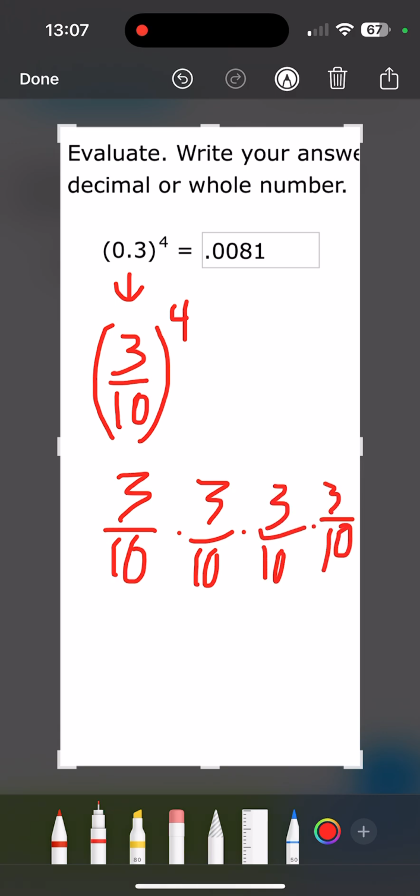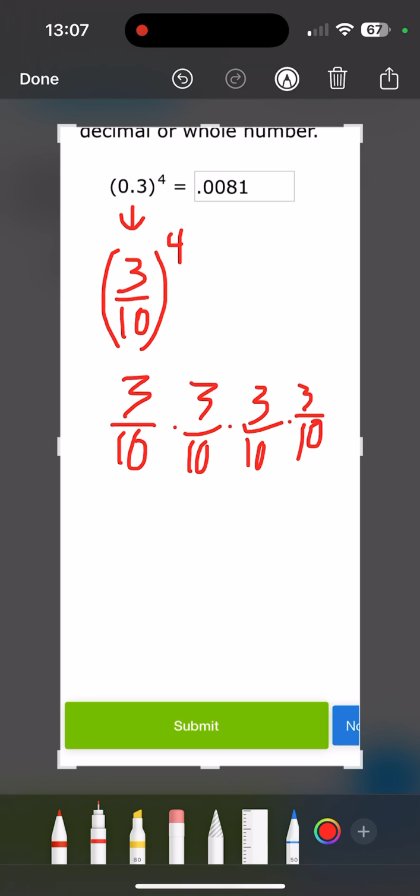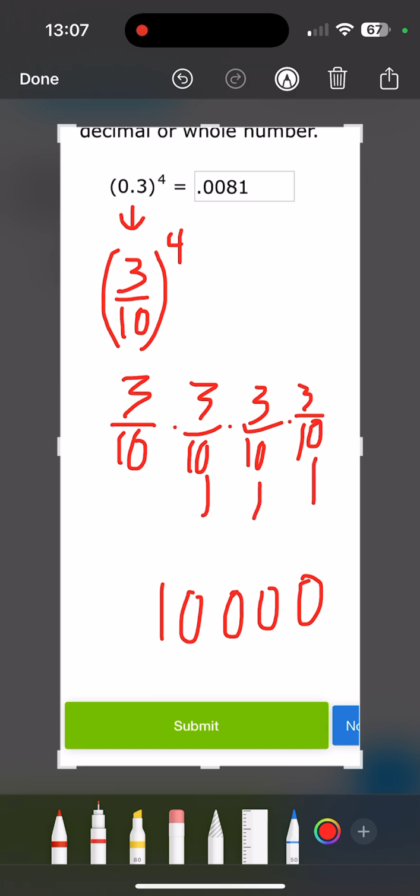The denominators are simple, right? When they come together, that's just going to be 1, 2, 3, 4, right? You basically just have to count the zeros as a shortcut. And then in the numerator, 3 times 3 is 9, 9 times 3 is 27, 27 times 3 is 81.